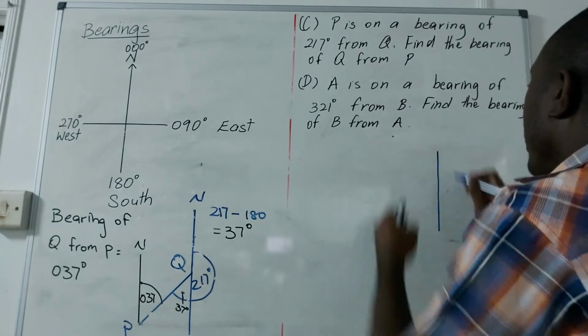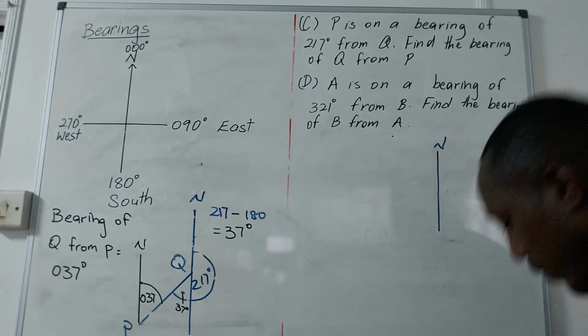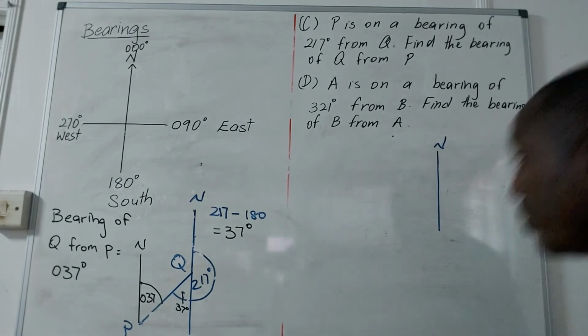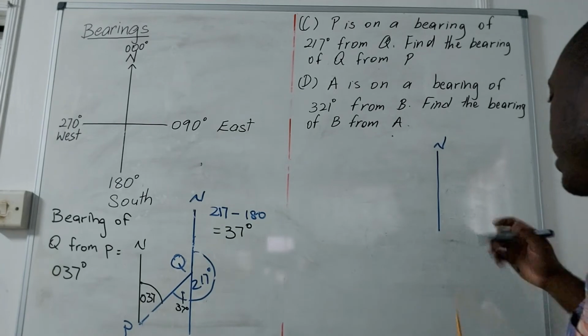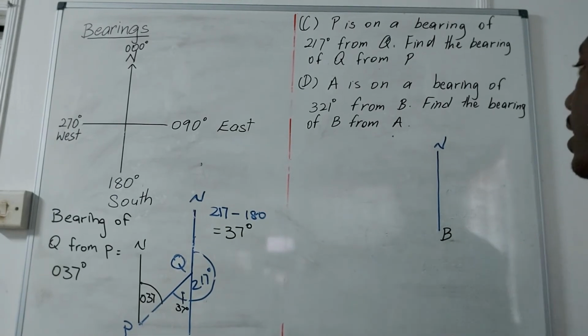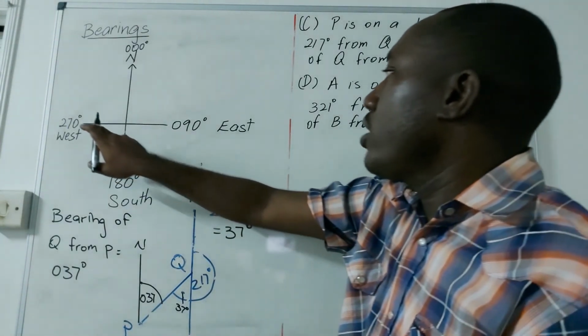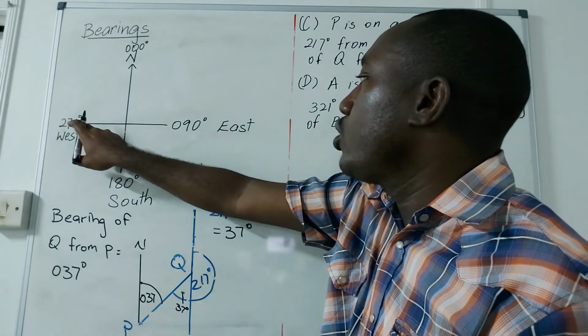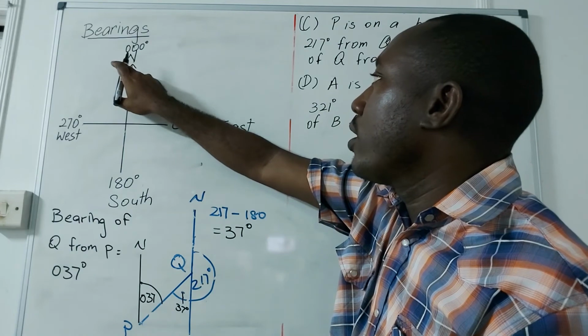Now, if it is from B, it means that B is our starting point. So B is here, and A is on a bearing of 321. If it's 321, it is between 270 and north.